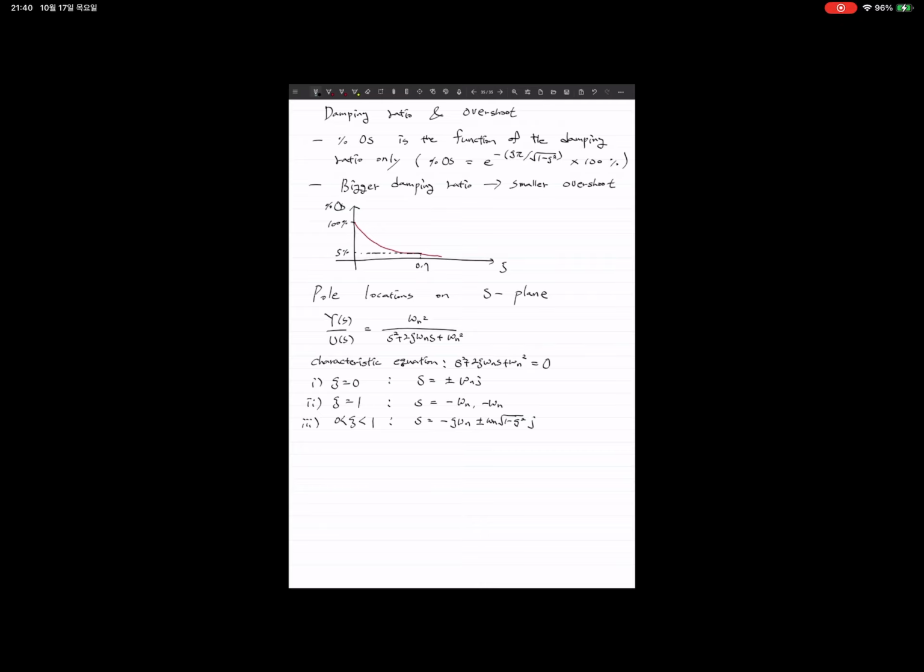If I plot the pole locations on the S-plane, so here we have real axis and imaginary axis. When the zeta is 0, then we have poles on the imaginary axis.